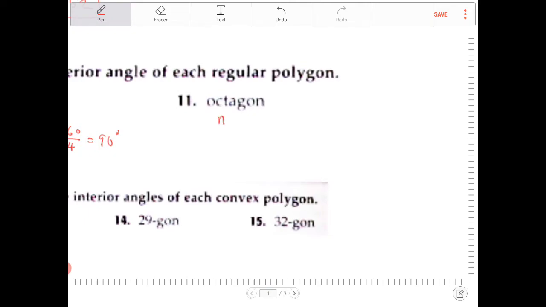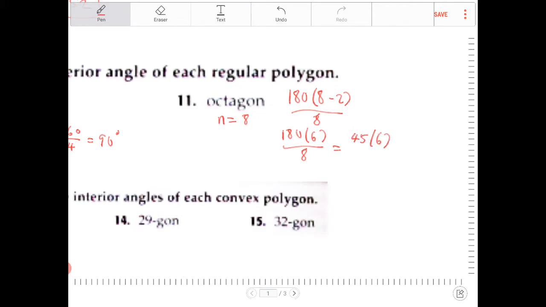An octagon has n equal to 8. So 180 times 8 minus 2 divided by 8 is equivalent to 180 times 6 divided by 8. Well, I know that 4 goes into 180 45 times, right?